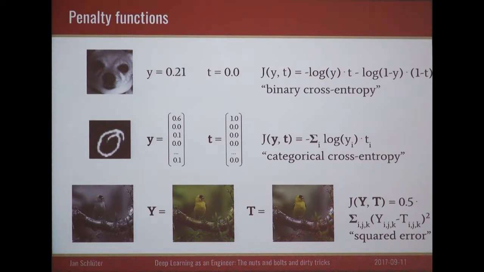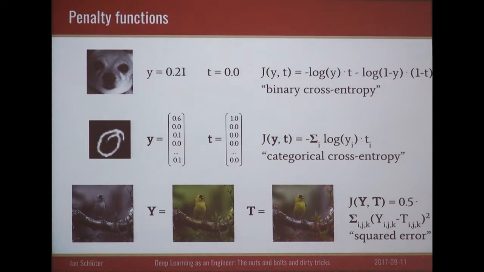So for the binary classification task, this is something that mathematicians have come up with and I don't understand. The common loss function is the binary cross entropy. For categorical classification, it's the categorical cross entropy, which has some logarithms in there.